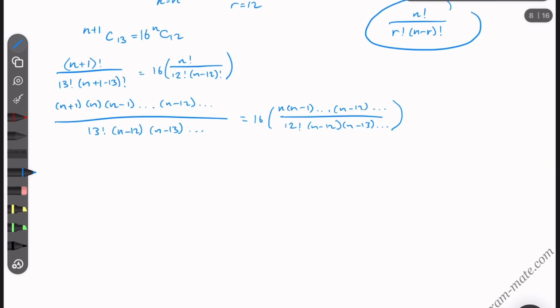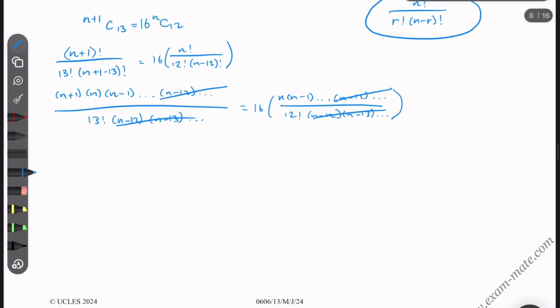After expanding it, we can simplify some of the like terms. So like this part, and this part, and as well as this part and this part.